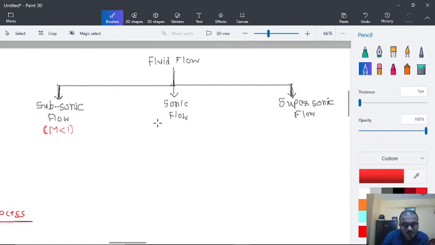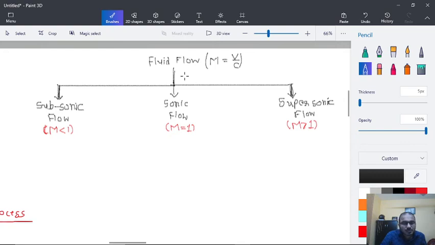In case of sonic flow, the value of Mach number is equal to 1, and in case of supersonic flow, the value of Mach number is greater than 1. So as we now know, Mach number is the ratio of velocity of fluid upon velocity of sound in that fluid.